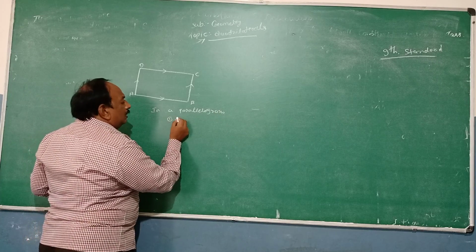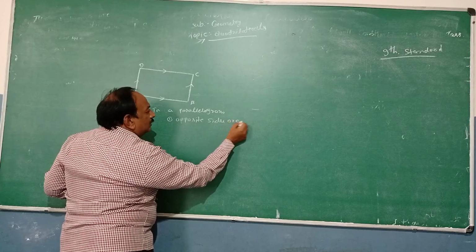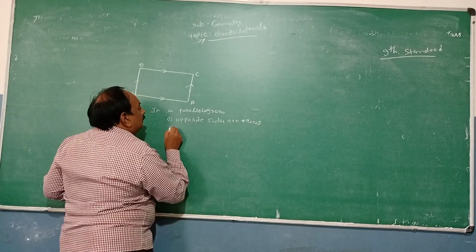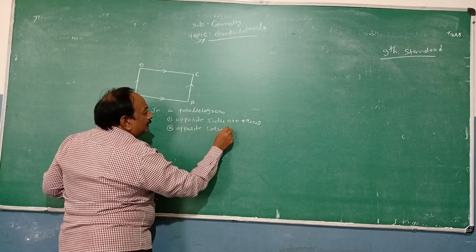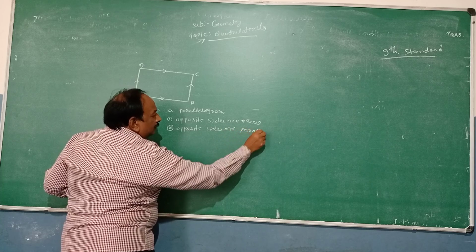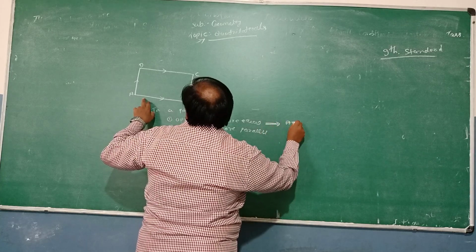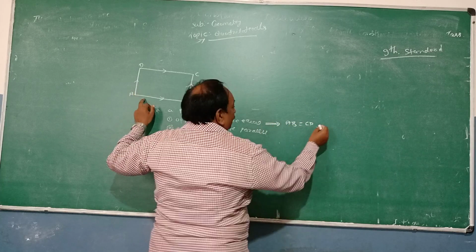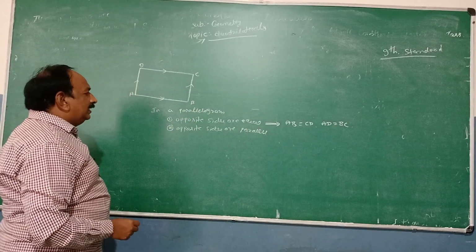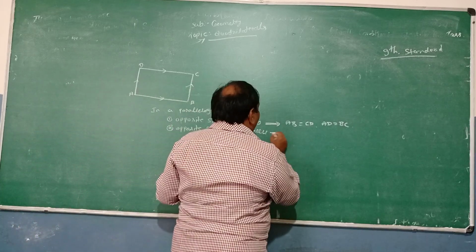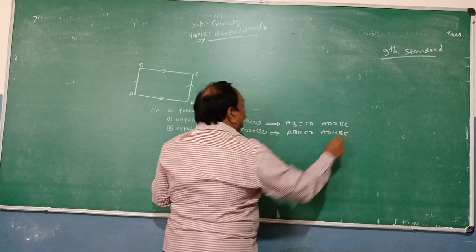In a parallelogram, opposite sides are equal. In a parallelogram, opposite sides are parallel. Opposite sides are equal. It implies AB is equal to CD and AD is equal to BC. Opposite sides are parallel: AB is parallel to CD and AD is parallel to BC.